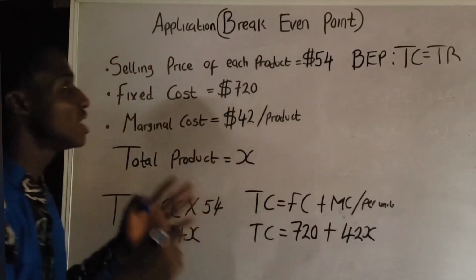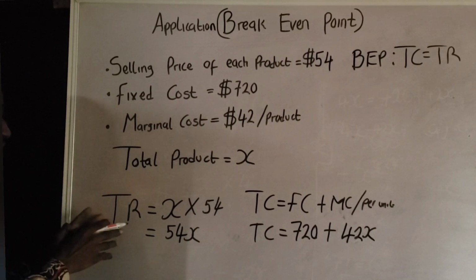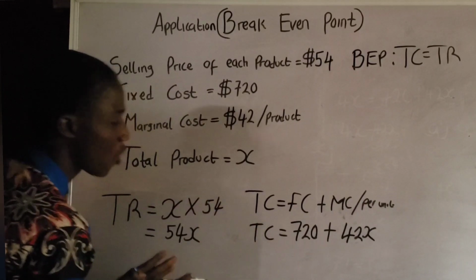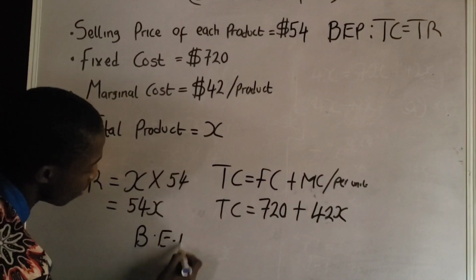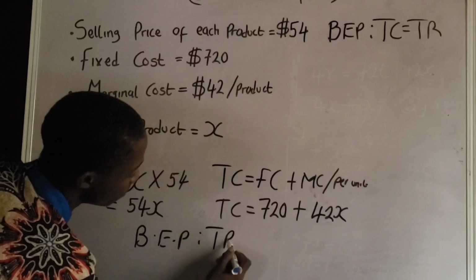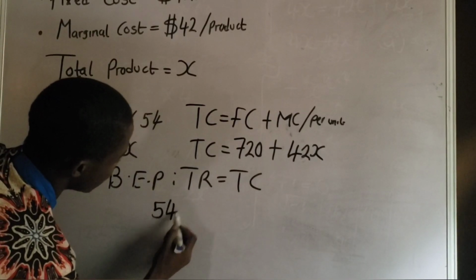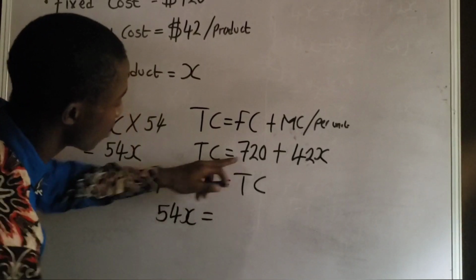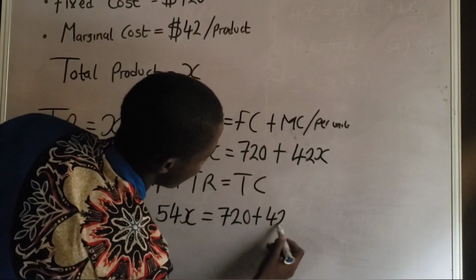Now, I can easily calculate the amount of products that the firm has to produce to break even by equating the total revenue with the total cost. At the break-even point, total revenue is equal to the total cost. So I'm going to have 54X is equal to 720 plus 42X.